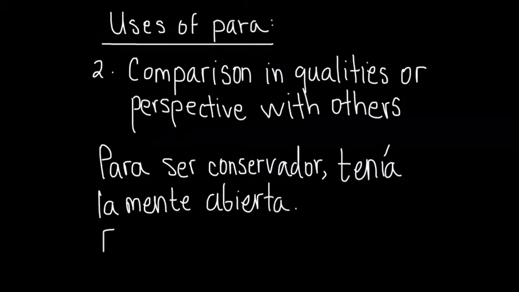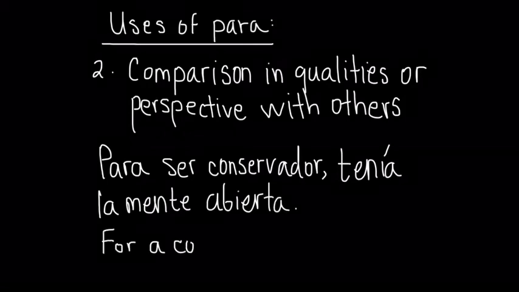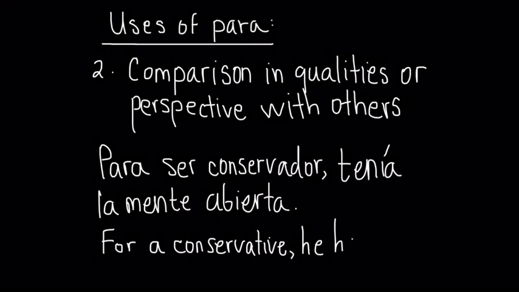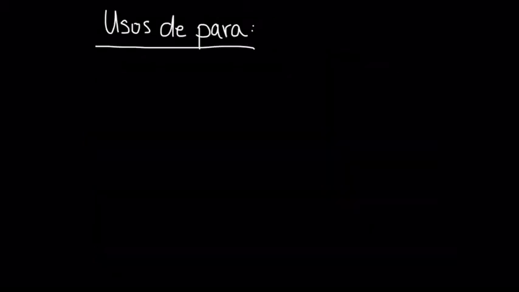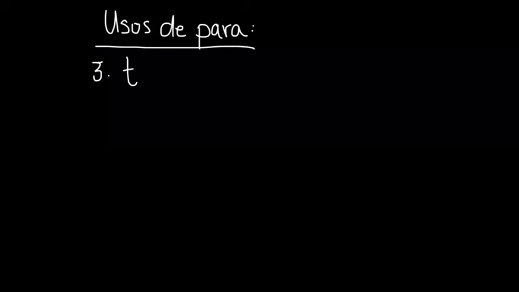The equivalent in English will be, for a conservative, he had an open mind. And the word para is the equivalent of for because we're comparing the qualities of being a conservative.